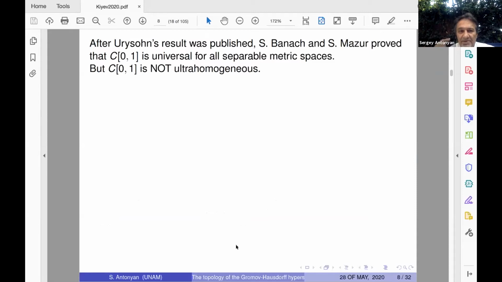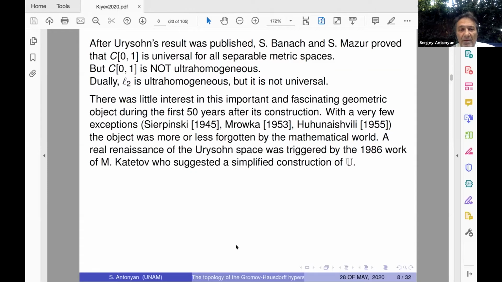But this space is not ultra-homogeneous. Dually, the separable Hilbert space L2 is ultra-homogeneous, but it is not universal. And there is an open problem of Alexandrov to find an explicit model for the Urysohn space like C[0,1] or L2, but these two candidates don't satisfy. So this problem still remains open.